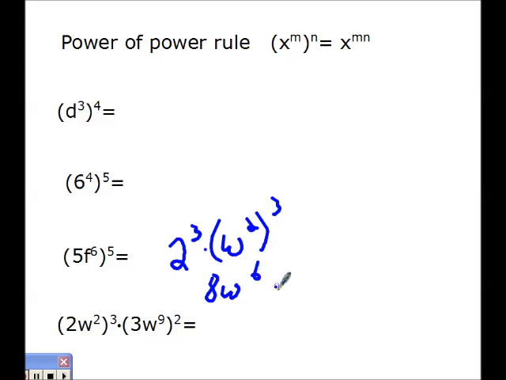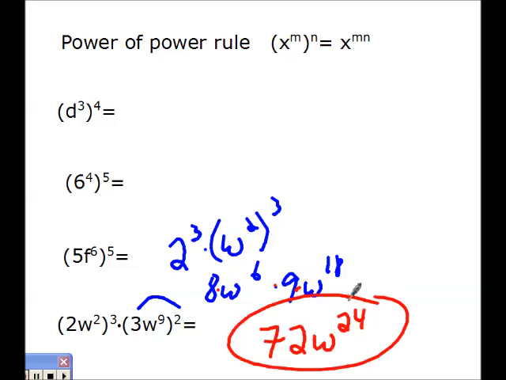The second part: 3 squared is 9, and then w to the 9 squared, when I have a power of a power, that's when I multiply. That's w to the 18th. Now what I have here is 8 times w to the 6th times 9 times w to the 18th. This equals 72 w to the 24th. That is my final answer.